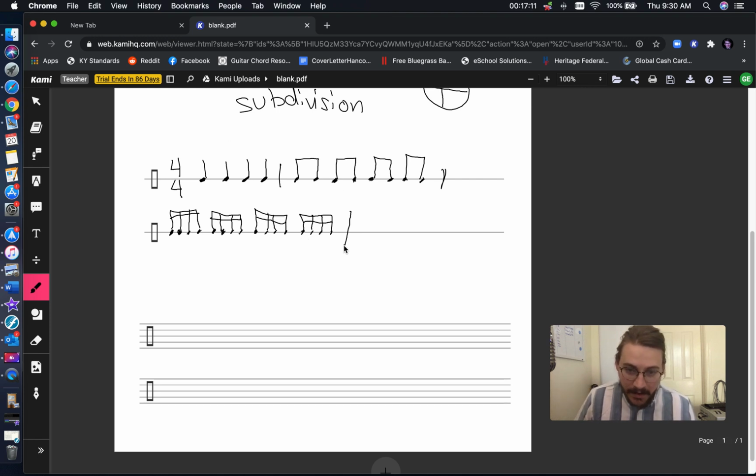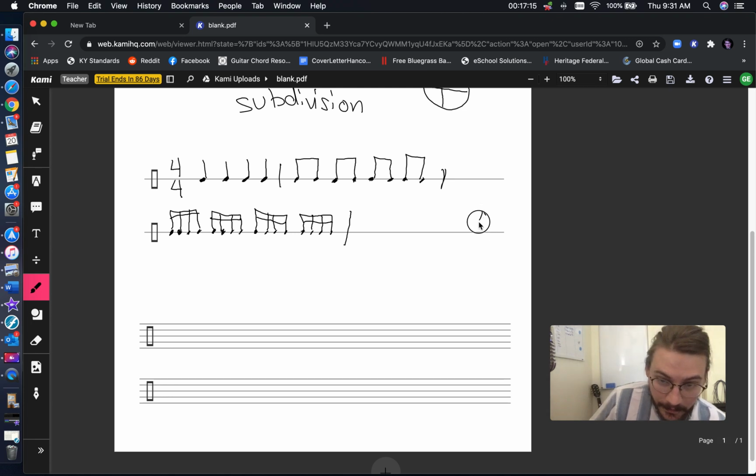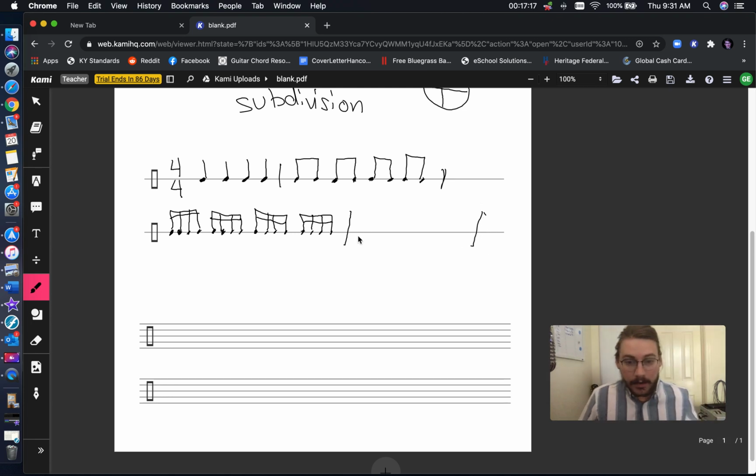We can also mix these together in any 4. So as long as we have 4 to complete the measure, we are golden. Writing 16th notes, the process.